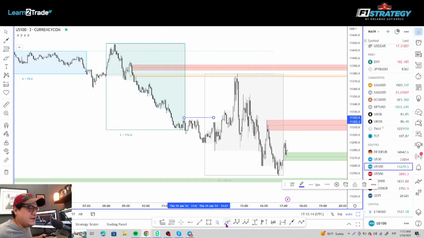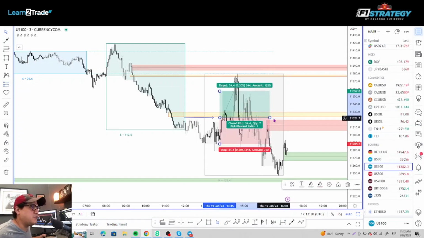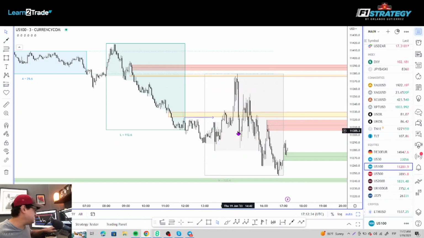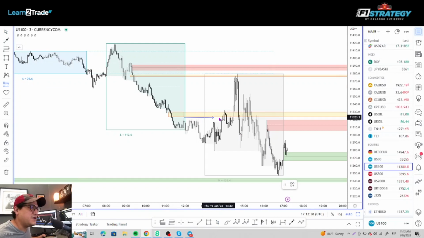break and that fair value gap right here, or imbalance, that I wanted to trade. So I put on a sell limit right here, just below that imbalance, that liquidity grab, of course, as I always do. And then, oh, this is a long position. Hold on, I need a short position right here.